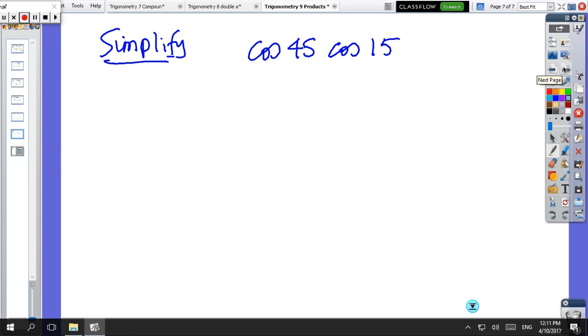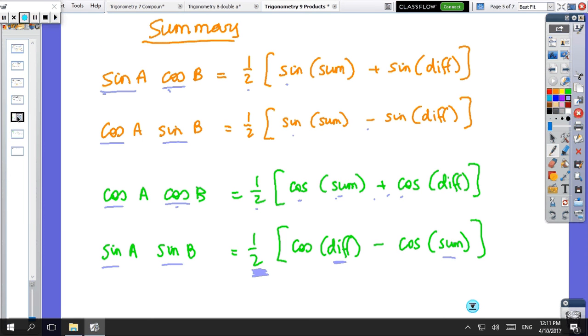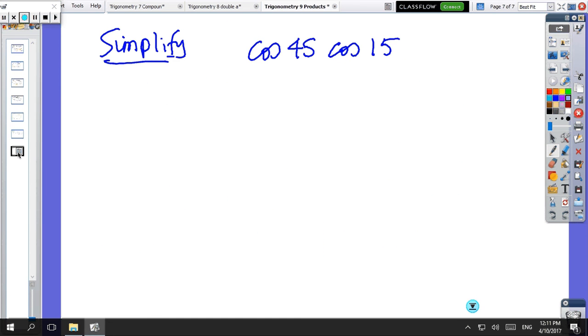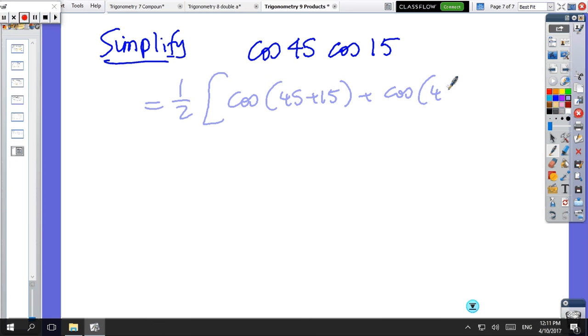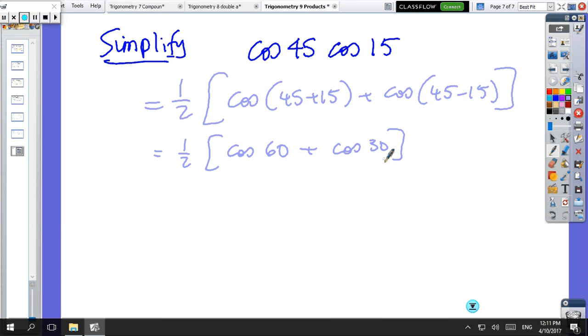Okay, let's have a look at the next one, which will be a harder example, I think. We've got to simplify cos 45 times cos 15 using what we've got. So we've got cos, so half cos the sum plus cos the difference. So it equals half cos 60 plus cos 30.